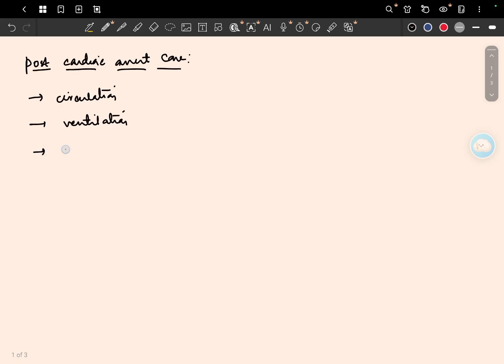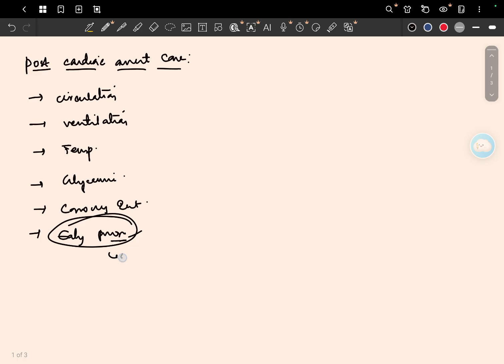Then we'll be controlling temperature, controlling glycemic control, and we'll be having coronary intervention, and early prognostication will be done of the neurological outcomes. So this is about this.